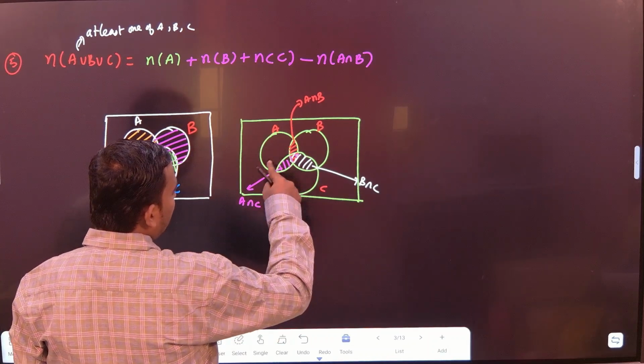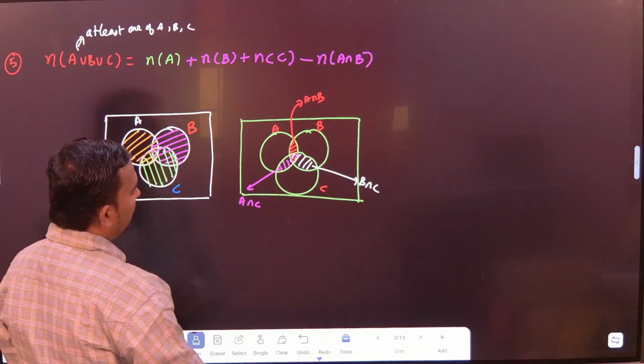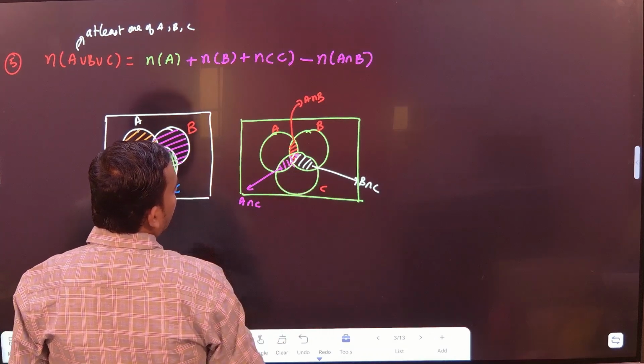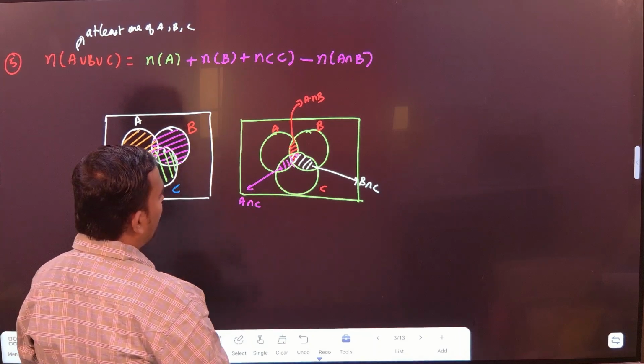When you take n of C, what are the things you are adding here? B intersection C, right?